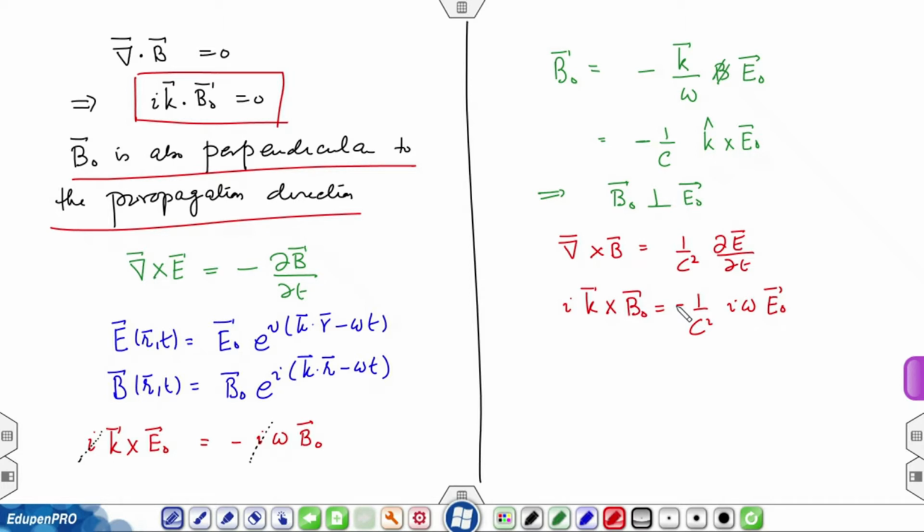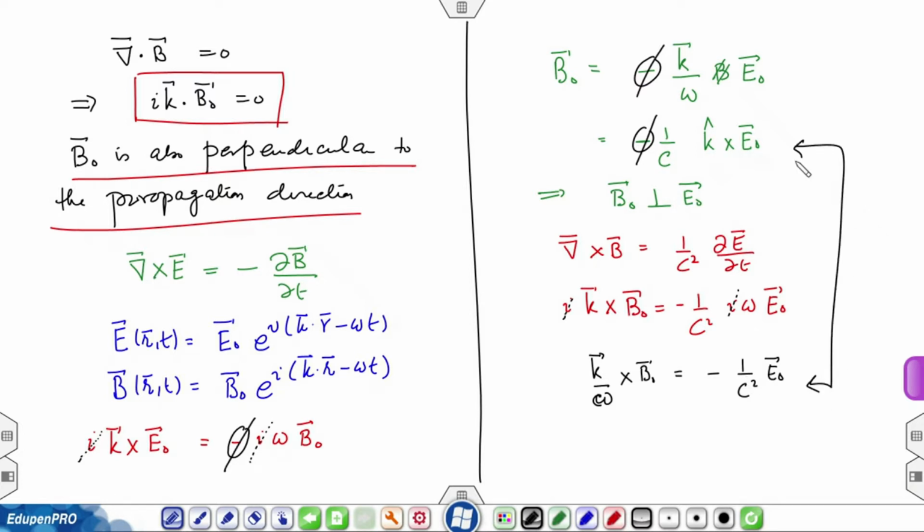Let me correct that mistake. This mistake was this minus sign. I should remove this because this was with a minus sign in front. So, this guy goes away, this guy goes away. So, you get this i cancels and you get |k|/ω cross B0 equals minus 1/c² E0, which is basically the same as this.